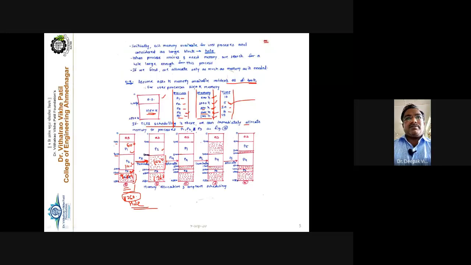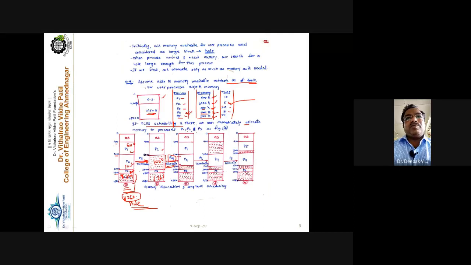Now after some time, the operating system comes to know that there is 1000K of space now free. So it will immediately take the next process, P4, and P4 is allocated memory. P4 is placed from 1000, and P4 requires 700K, so 1000 plus 700 means 1700.